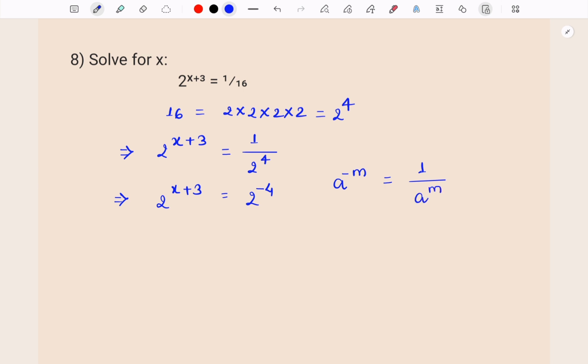So using the same law, I can write 1 over 2 raised to the power 4 as 2 raised to the power negative 4. Now you can compare both sides of this equation and you will see that this x plus 3 is basically being substituted by negative 4. So this x plus 3 must be equal to negative 4.